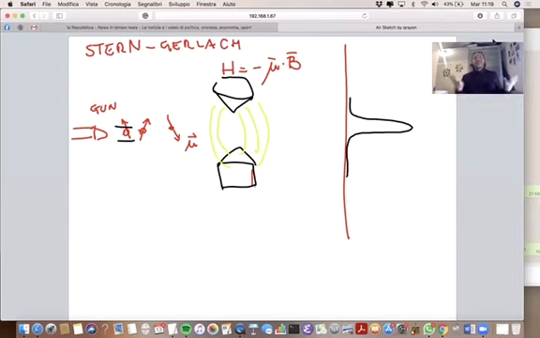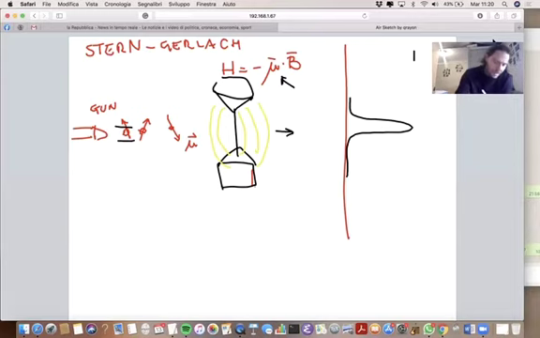Well, in classical mechanics, I expect that the interaction depends on the orientation of the magnetic moment of my particles. So in particular, there will be some electrons that will have a magnetic moment almost aligned with the velocity, so vertical with respect to this plane, and they will be basically left unchanged, and they will continue to go straight.